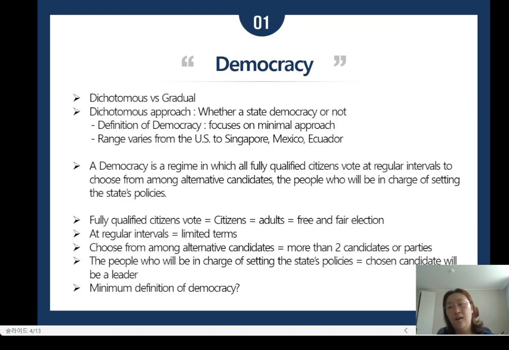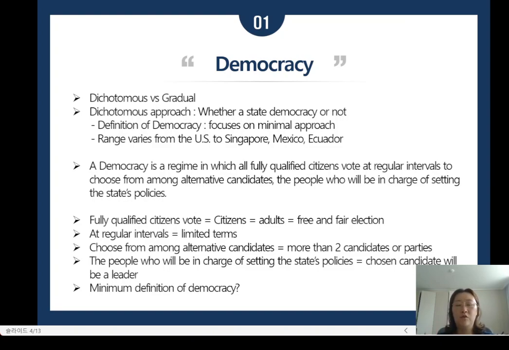We can't say that. It depends on the law. But if the law designates qualified citizens, then these qualified citizens should vote at regular intervals. It depends on the country, like a certain country has a presidential election every 5 years or 4 years. It depends on the country, right?